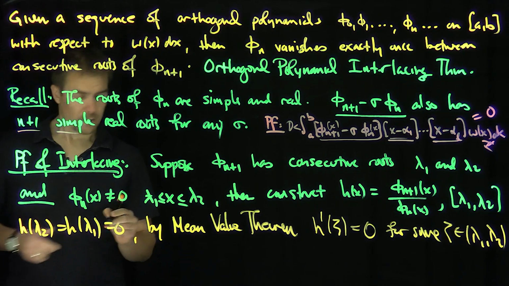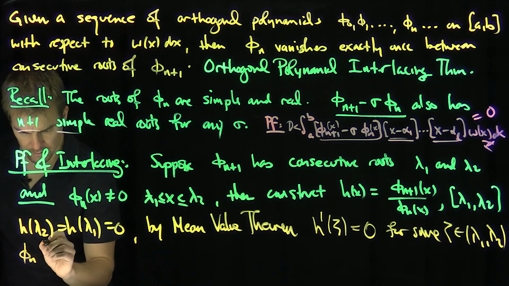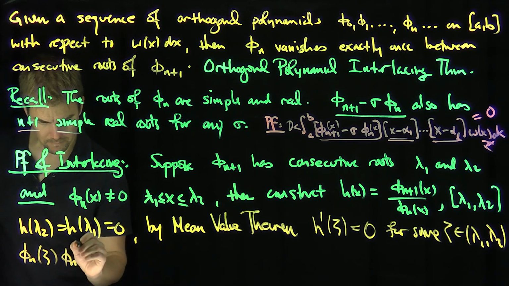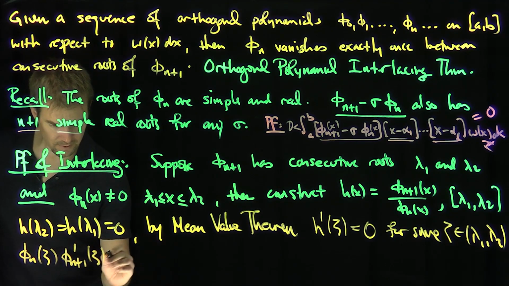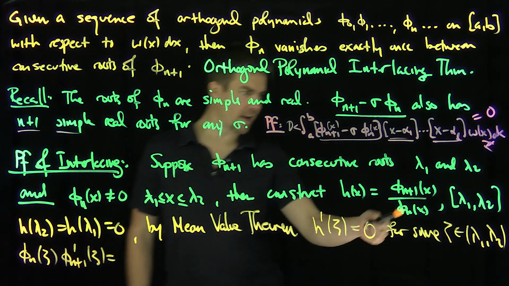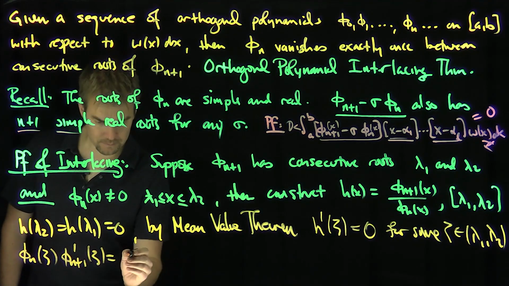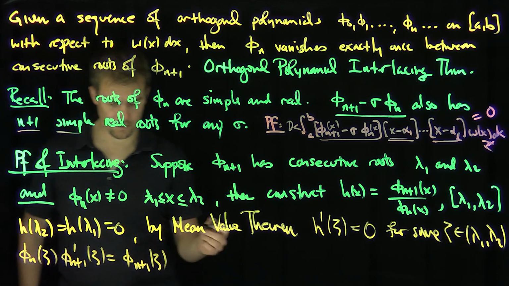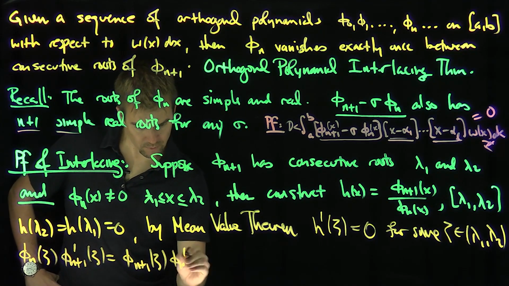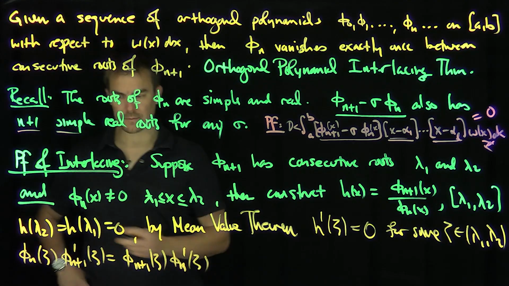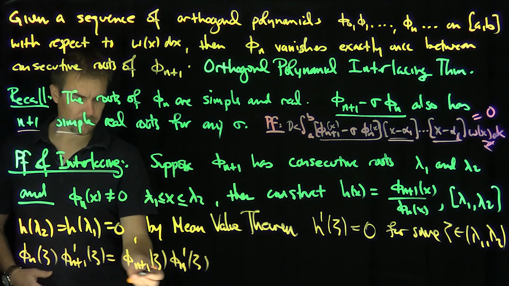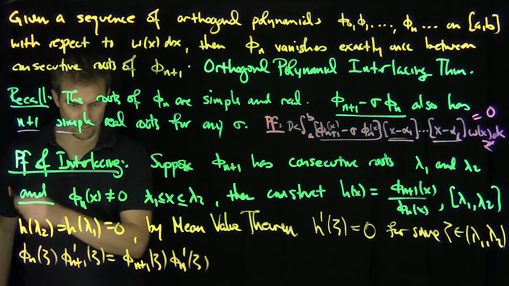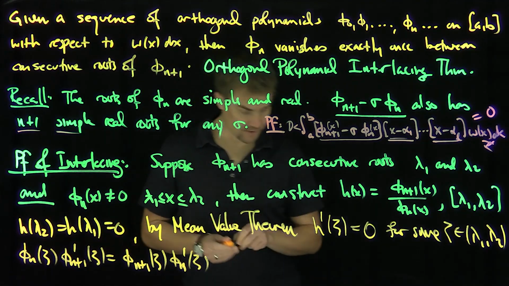Which tells me that phi n plus 1 prime of zeta is equal to, it's the bottom times the derivative of the top minus the top times the derivative of the bottom, phi n prime of zeta, like that, okay? In other words, the ratio of phi n plus 1 and phi n at zeta, and phi n plus 1 prime and phi n prime at zeta, is the same, right?